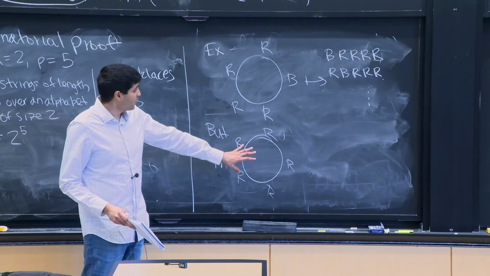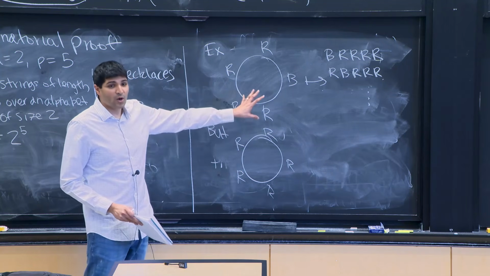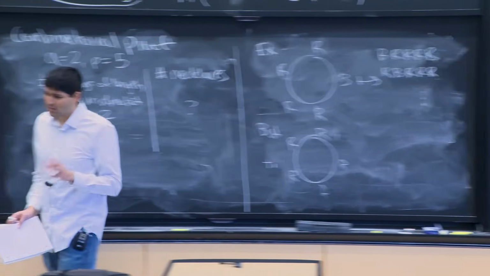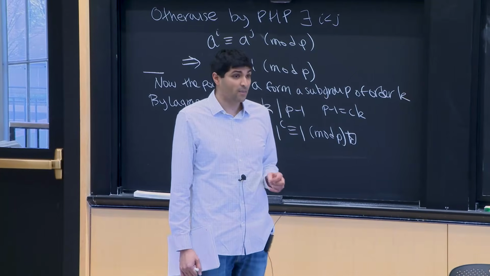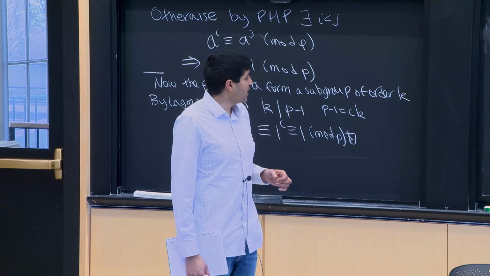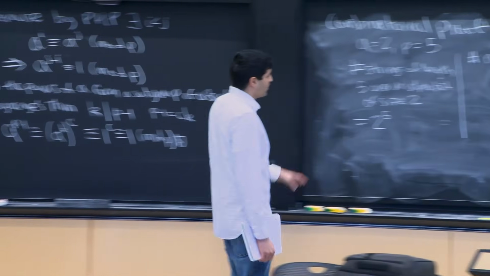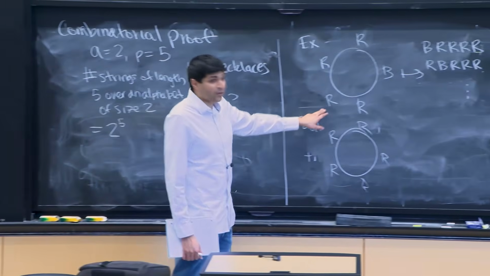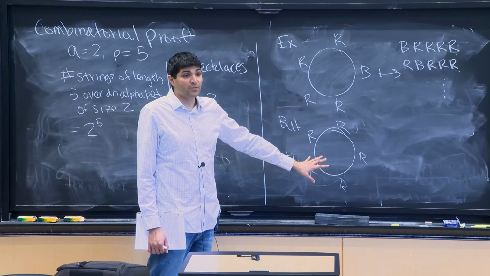Any way you rotate it, you get back the same thing. So what you can show is that these are the only 2 possibilities. The proof is using the Euclidean algorithm again, amazingly. But here, the way to think about the necklaces is in different groups. Either it's a necklace which comes from 5 strings, or it's a necklace that comes from 1.